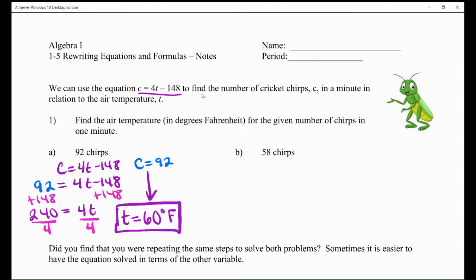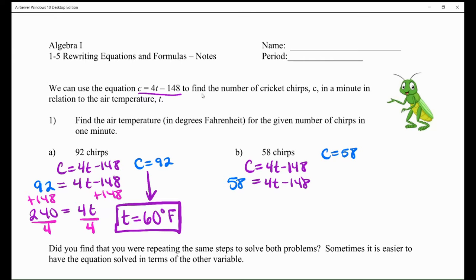Let's do that again for 58 chirps. Again, we're using the formula C equals 4t minus 148. And we're going to substitute the value C equals 58. Our first step to solve is to undo the subtraction.